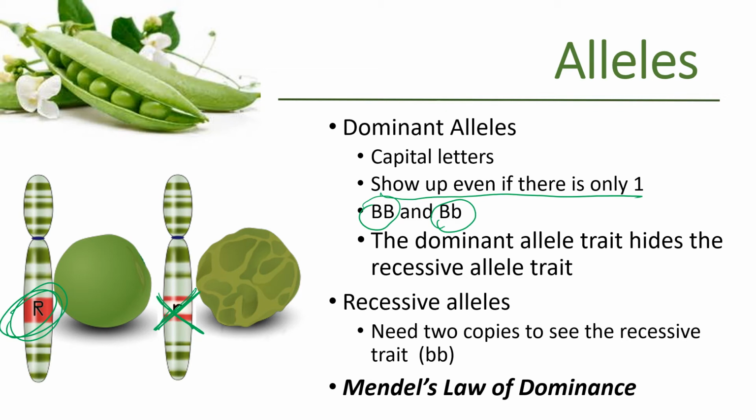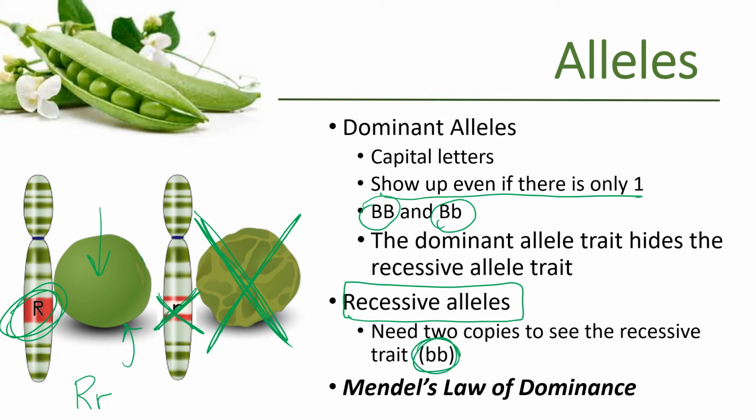So this particular organism that's big R, little r, for whether the pea is round or wrinkled, is going to have the round phenotype. This wrinkled phenotype is going to be hidden by the dominant round allele. If you ever want to see that recessive allele trait, you have to have 2 copies of that recessive allele. You have to have 2 little letters as your genotype. This is Mendel's law of dominance.